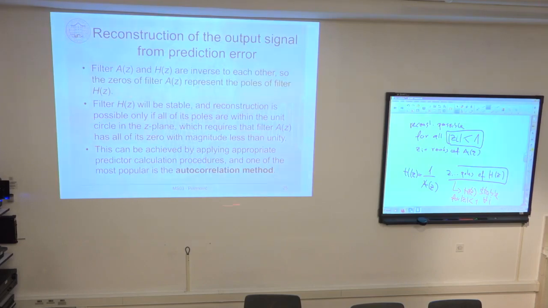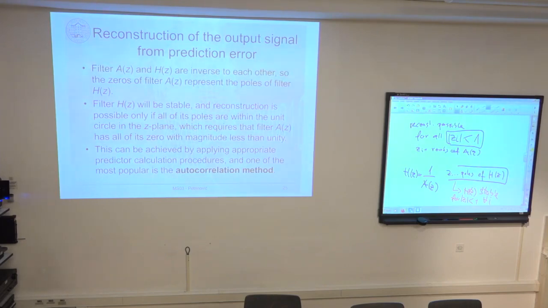So if I apply it, the solution A of z will always have roots that are less than unity. The filter will be stable, and reconstruction is possible only if all roots are within the unit circle in the z-plane, which requires that filter A of z has all of its zeros with magnitude less than unity. That will be satisfied exactly with the autocorrelation method.